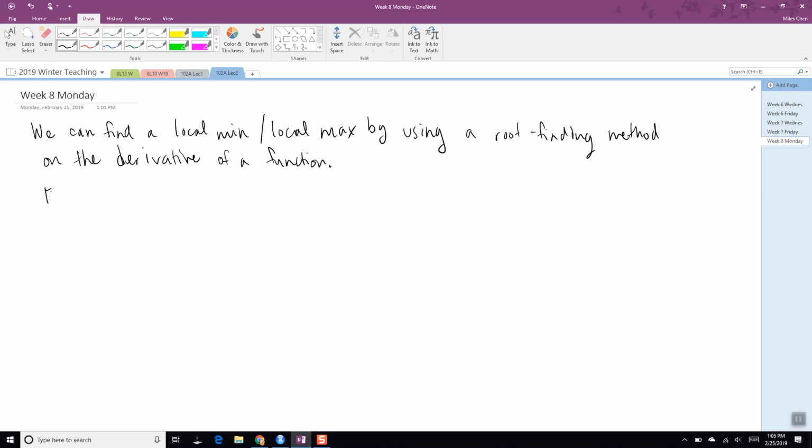Basically, find where g prime of x is equal to 0. But what if we have trouble finding a derivative?